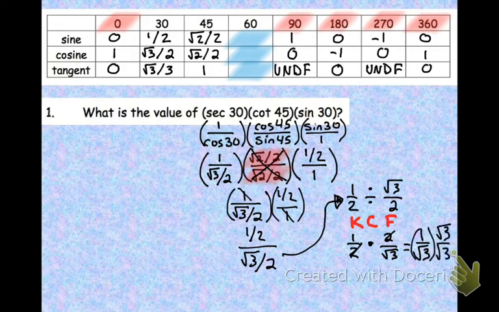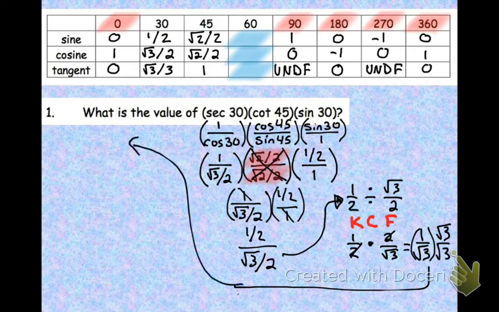I'm going to run out of room. I tried to keep it over there. Let's make a big arrow. I know this is going to look confusing. And when you rationalize that, you end up with radical 3 over 3.